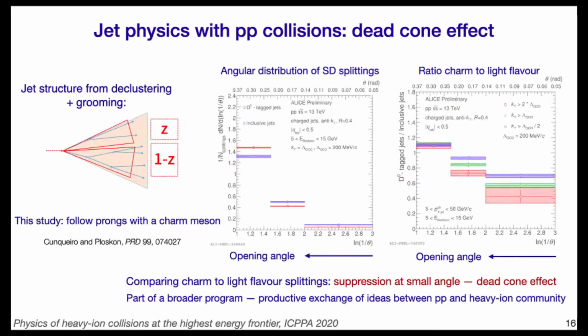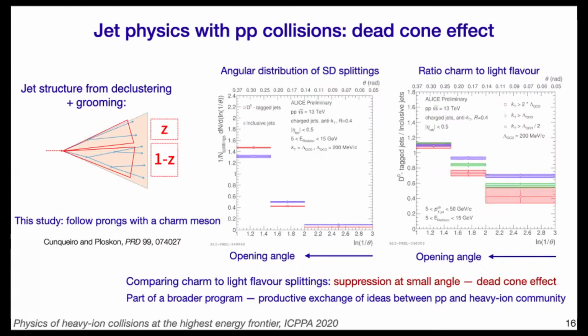And before going there, I wanted to show the dead cone measurement that I just talked about. So you can also use these jet substructure measurements to search for the dead cone effect in pp collisions. And this shows the main measurement that we have for that.